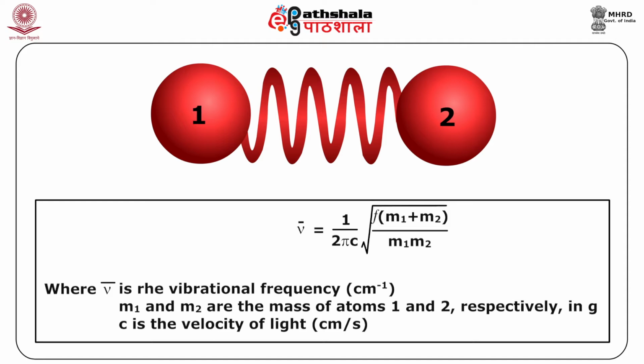given by the formula nu bar equals 1 by 2 pi c, under root f (m1 plus m2) divided by (m1 into m2), where nu bar is the vibrational frequency in centimeter inverse, m1 and m2 are the masses of atom 1 and 2, c is the velocity of light in centimeters per second, and f is the force constant.